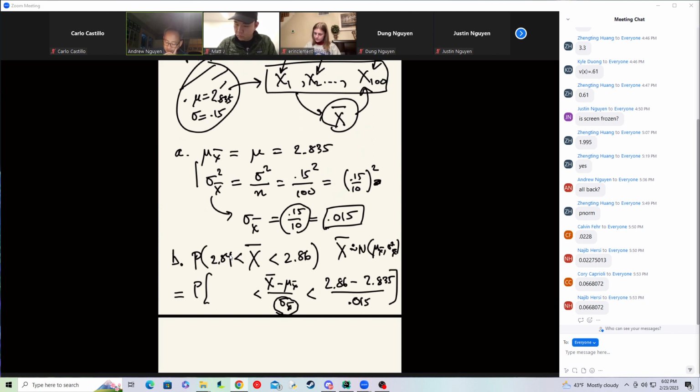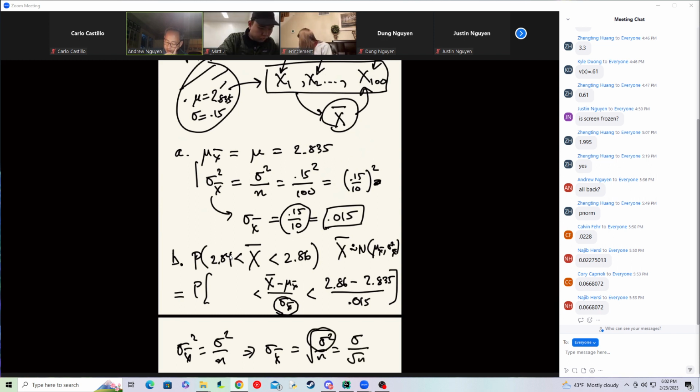The variance of X bar is this divided by n. So then the standard deviation of X bar is the square root of this. And the square root of sigma squared is sigma.